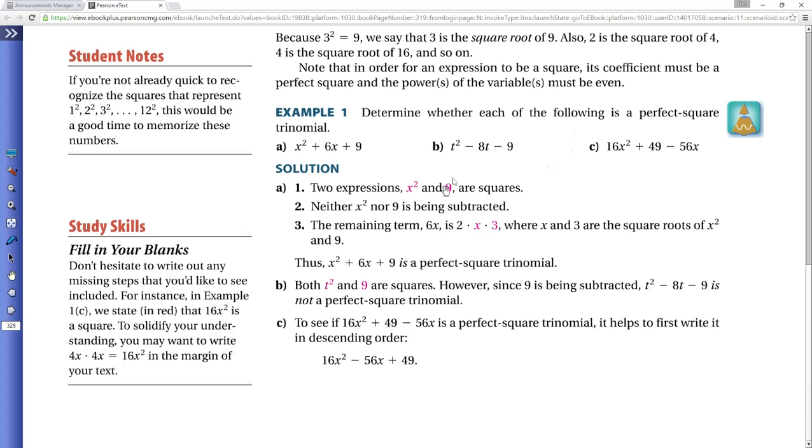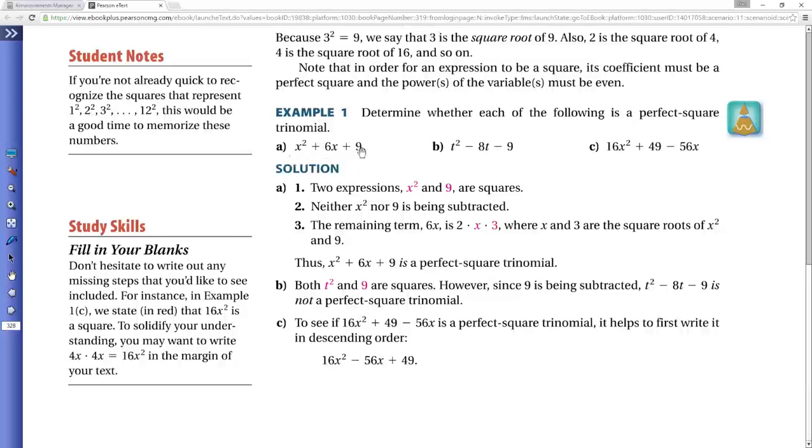So it says determine whether these are perfect square trinomials. Well, the process we go through again is, first of all, I'd say look for common factors and do that first and so on. But in this case, they're just really checking this pattern. So is x squared a perfect square, or something squared, and is 9 something squared?